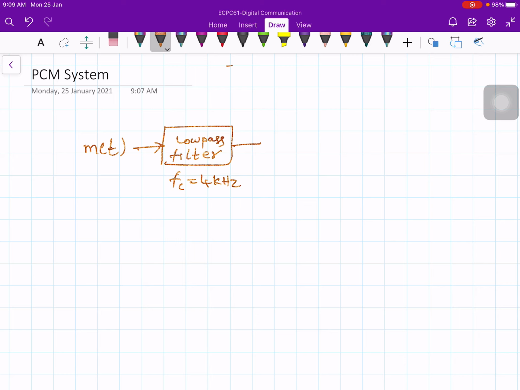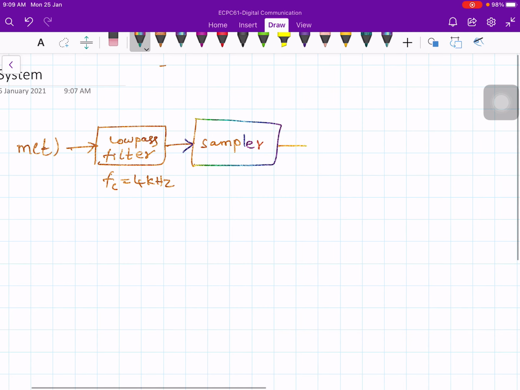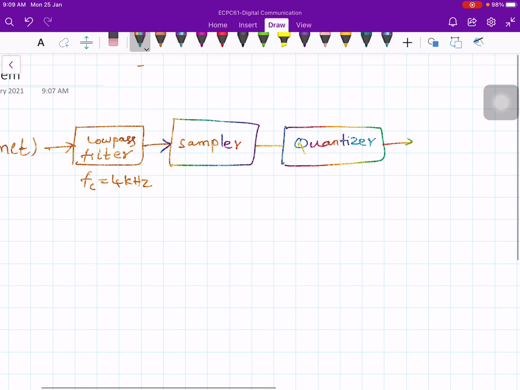The low pass filter has to be there, because it is immediately followed by a sampling operation. Sampling, or let me call it the sampler. Then you give it to the quantizer. The output of the quantizer is given to the encoder.